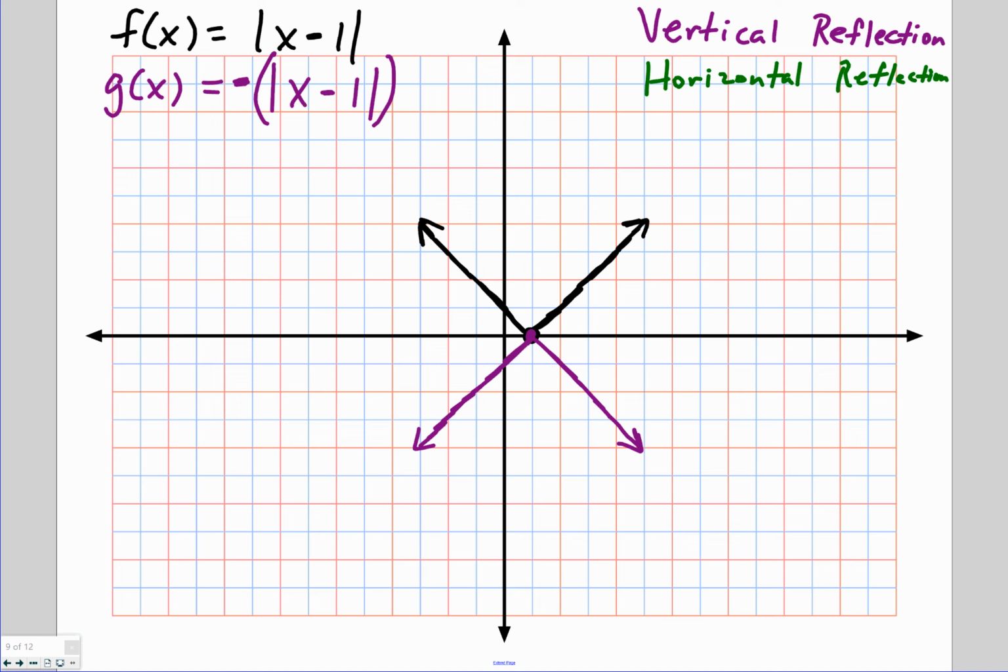My vertex right now is 1, 0. What's my new vertex going to be? No, 0, -1 would be down here. You're close, Julissa. -1, 0. Just have the order backwards. -1, 0 across the y-axis. So here it is. Which way is it going to open? It's going to open up. It's going to be a V still, because we're just reflecting it left and right.